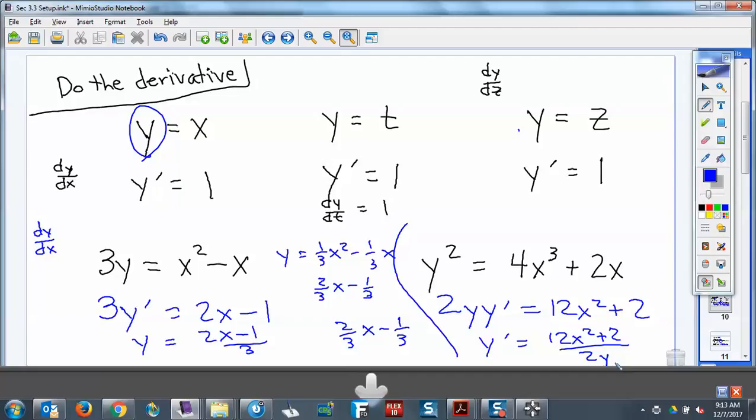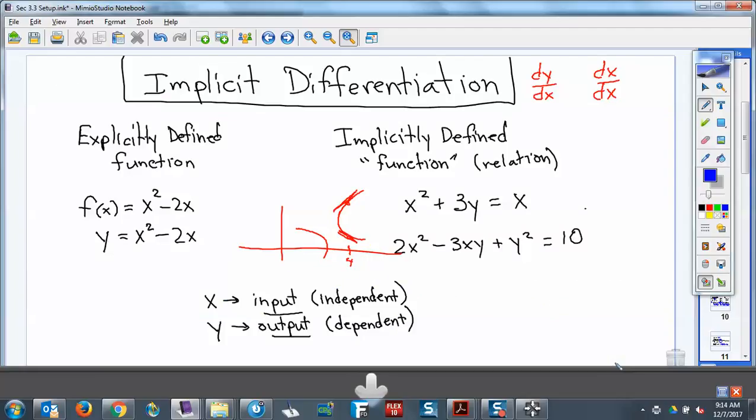Okay? So what we're saying is, in this thing called implicit differentiation, when we get our final answer of y prime, it could have a mixture of x's and y's in it. It might have both x's and y's in the answer. And that's okay. Because if I now want the slope at this point right here, there are two different slopes.